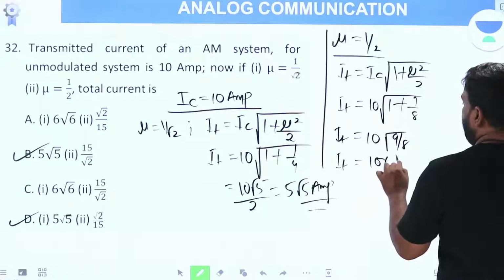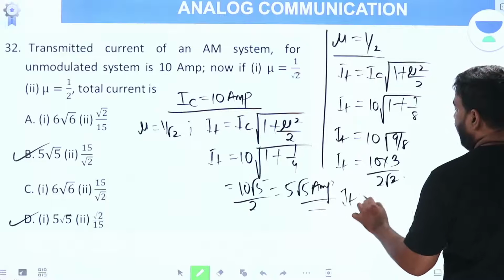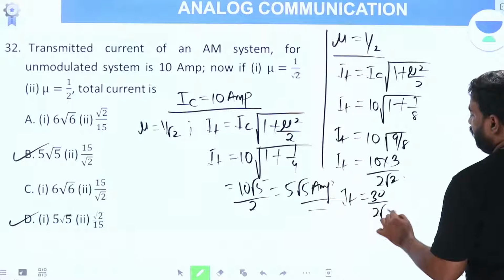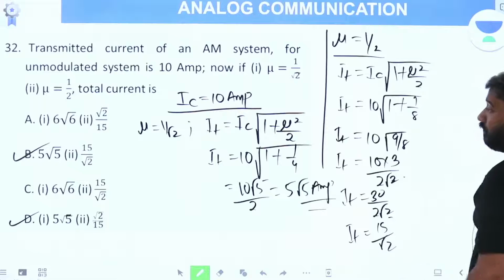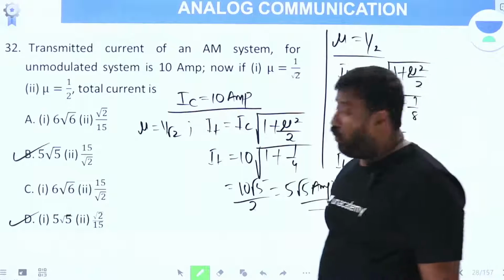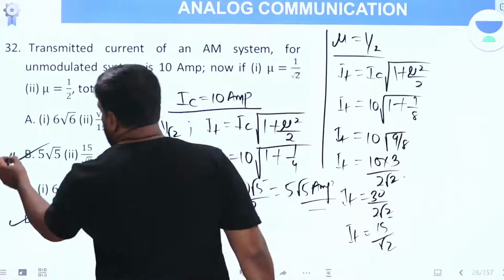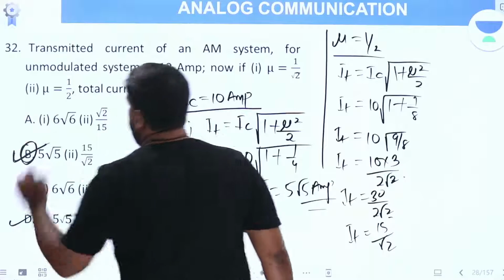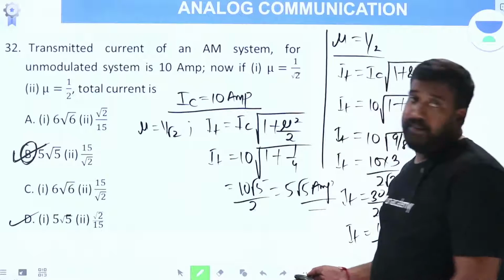IT is equal to 10 into 3 by 2 root 2. IT is equal to 30 by 2 root 2. IT is equal to 15 by root 2. Carefully calculate. Therefore, option B is the answer. Okay.